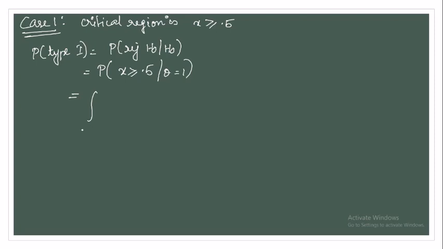Integral, what is the lowest value and the highest value that this integral can take? 0.5 is the lowest. The maximum that this can take is 1, because you know that the range of x is 0 less than or equal to x less than or equal to theta. So the maximum over here is 1. Put theta is equal to 1.